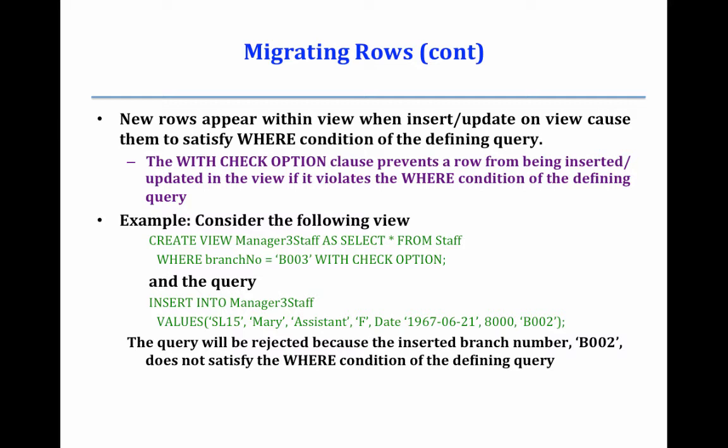If you don't have it, then it would be allowed into the view, which is obviously bad because you really have violated an integrity constraint. So basically, you should always create views with the check option because you never want to allow someone to put a tuple into a view that would violate an integrity constraint in the underlying base relation.